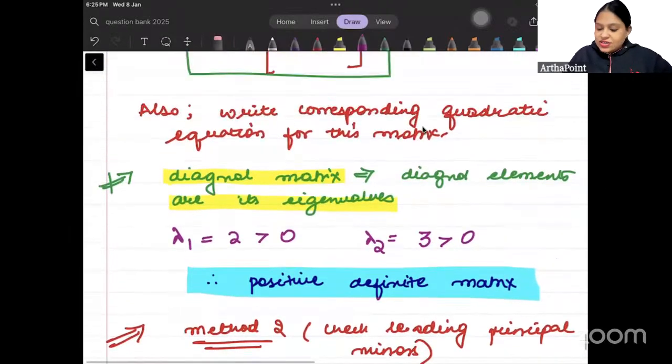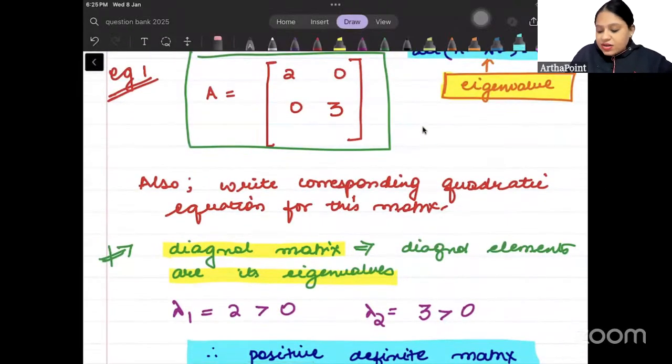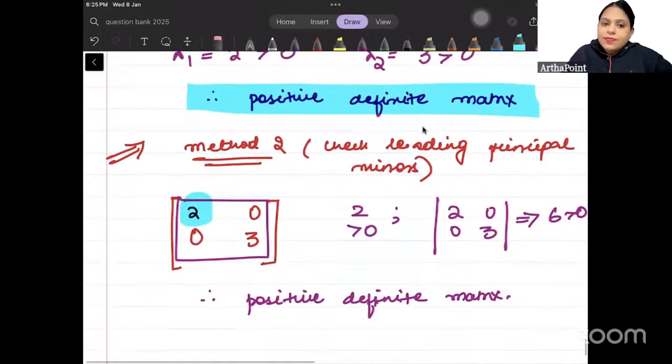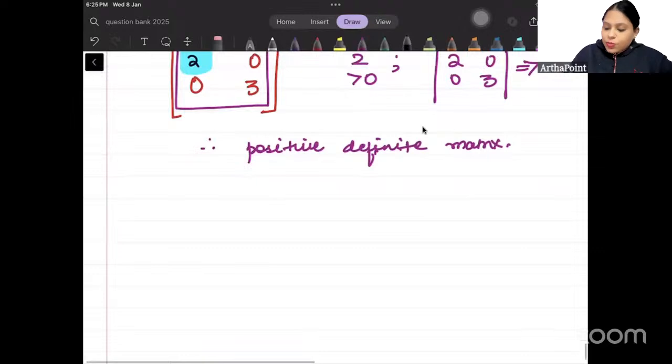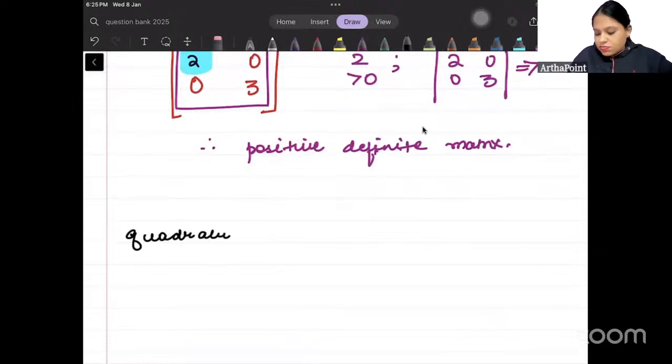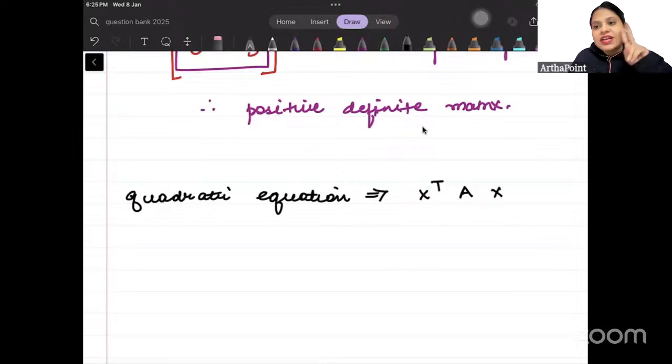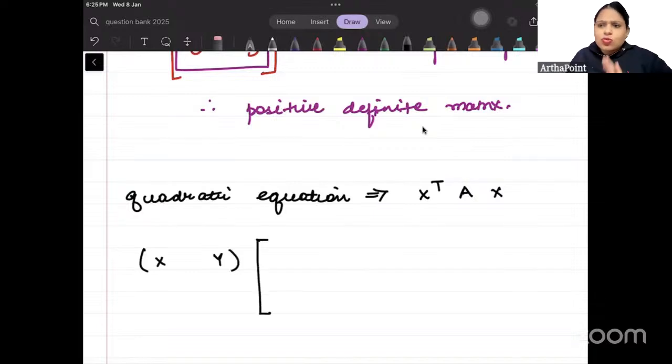Now, let us try to understand how I can write the corresponding quadratic equation for this matrix. बहुत simple है. Any quadratic equation of a matrix is of the form x transpose A x. तो मैट्रिक्स 2 क्रॉस 2 है, माने देयर आर 2 एलिमेंट्स इन द क्वाड्रेटिक इक्वेशन. तो एक x हो सकता है, एक y हो सकता है, या x1 x2 भी you can write.